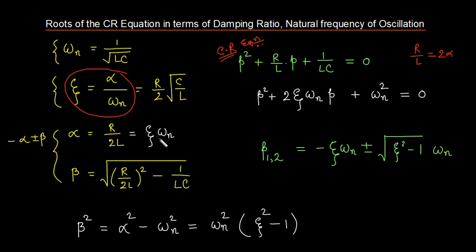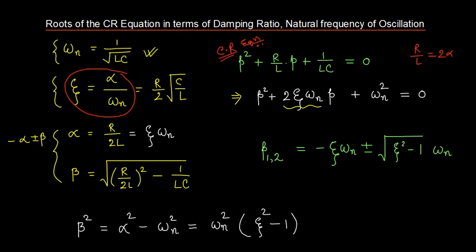So R by L will be twice zeta omega n. This twice zeta omega n is nothing but R by L, and since omega n equals 1 upon root LC, 1 by LC is omega n squared. So this is the characteristic equation expressed with damping ratio and natural frequency.